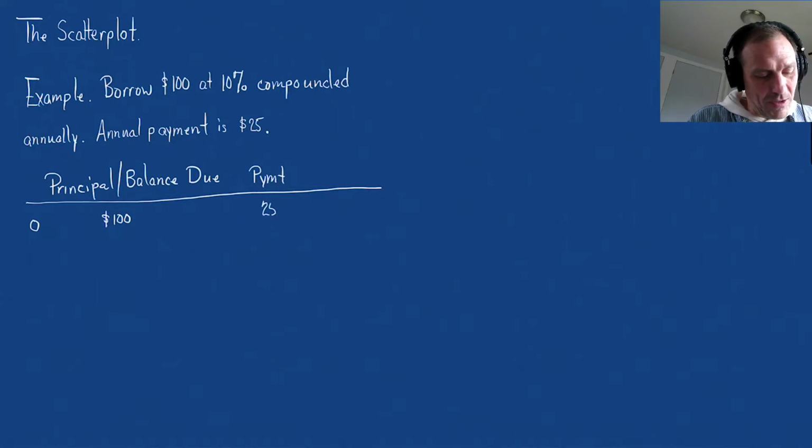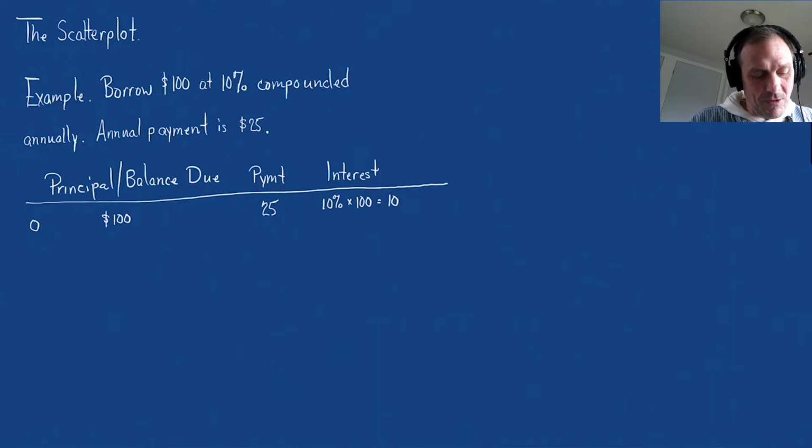Payment is $25. Now, what we want to think about, though, is remember that of that $25, 10% of the $100 is due. So in other words, that's the interest. So the interest that we have to pay on our loan is 10% times the original balance, which is the $100. So we have to pay interest of $10.